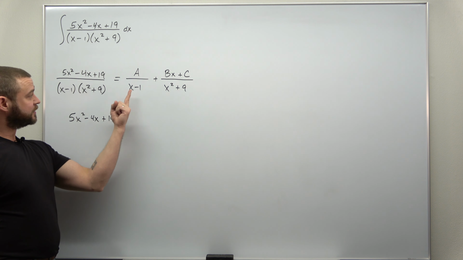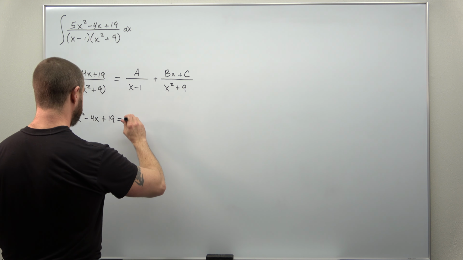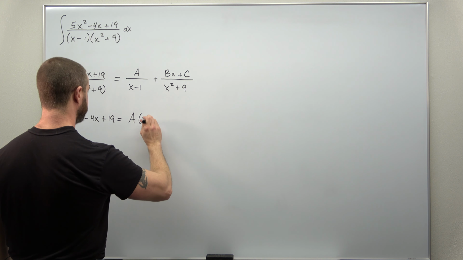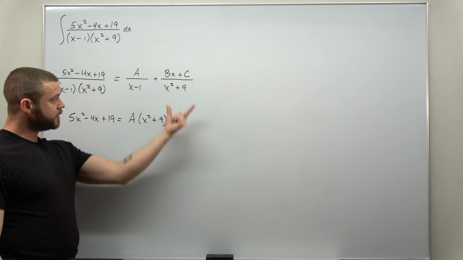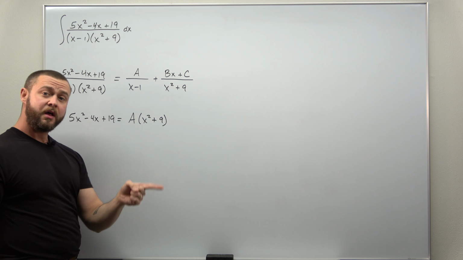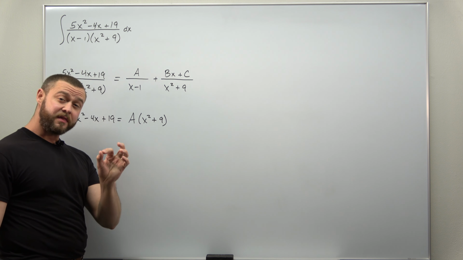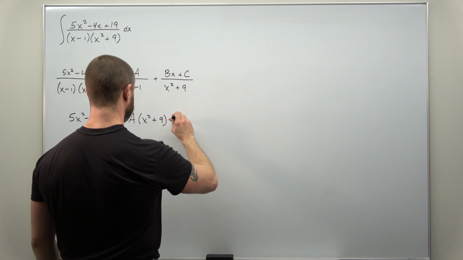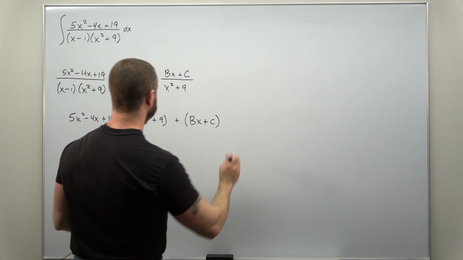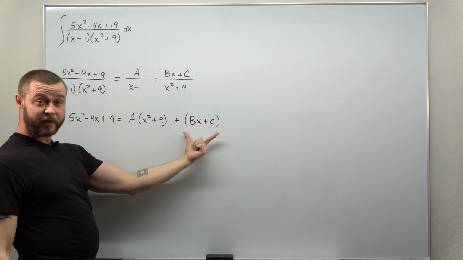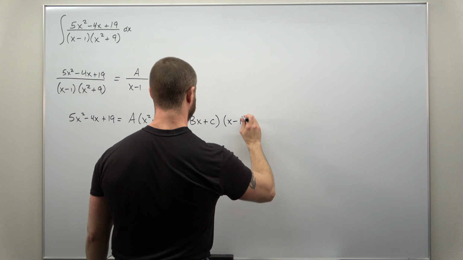And when you multiply the LCD to the first partial fraction, the x minus 1 factor cancels, leaving you with A times x squared plus 9. And then multiply your other partial fraction, the x squared plus 9 factor cancels, leaving you with the x minus 1 factor. Be careful to use parentheses. So I'm including that numerator with parentheses around it, and that's times x minus 1.